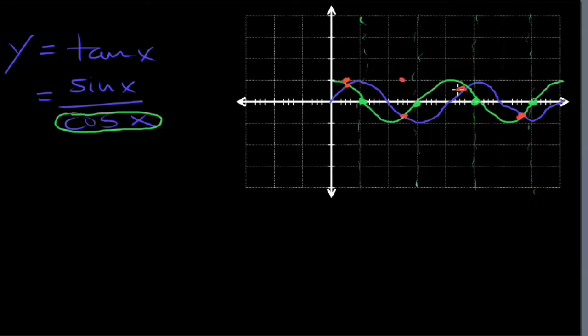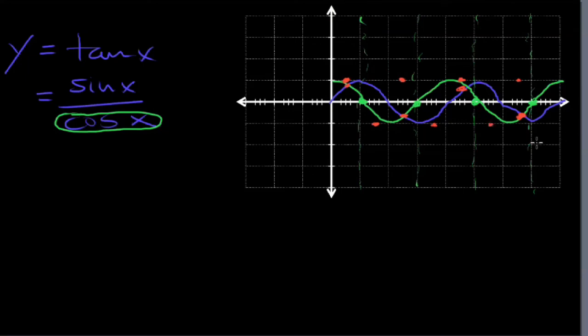A positive divided by positive, so still 1. Negative divided by negative, so still 1. And then when they're opposites of each other, so like here and here, it'll be -1. Opposites, -1.